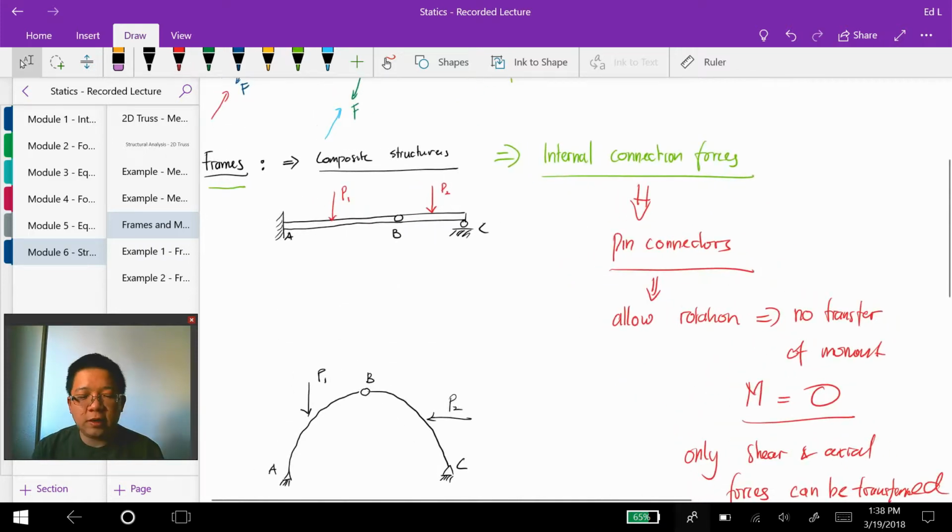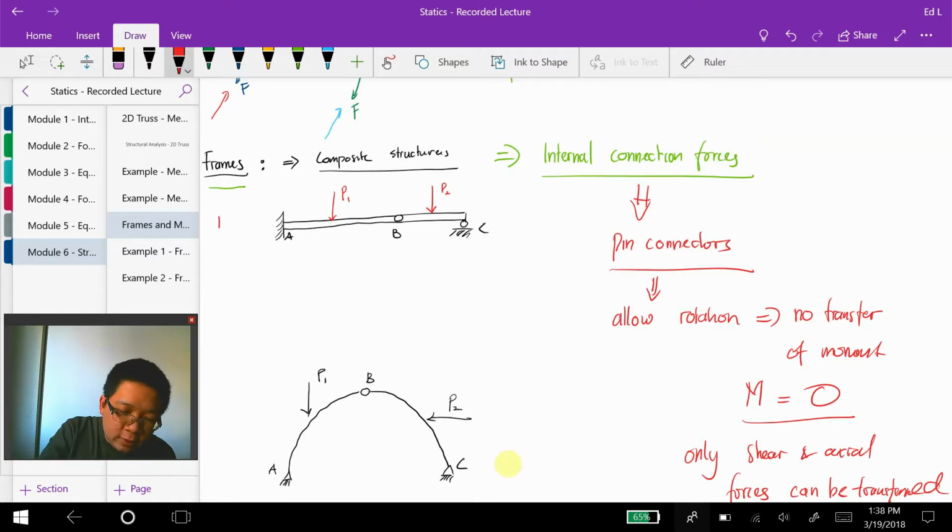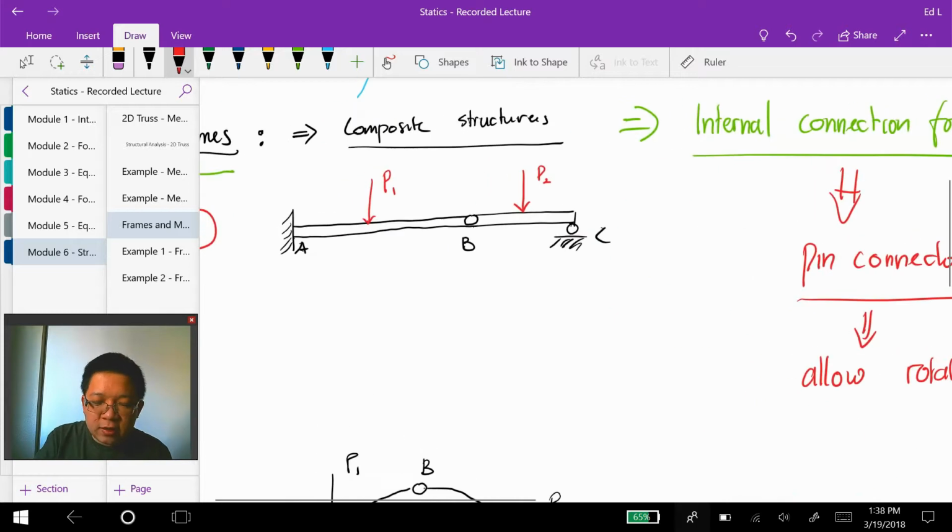So the problems related to frames can be divided into two major categories. The first one in here is a very unique structure.